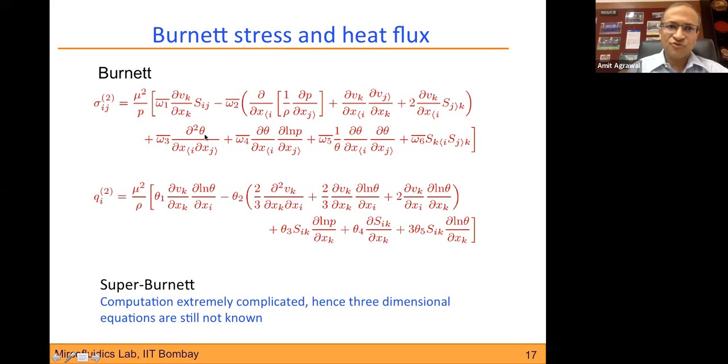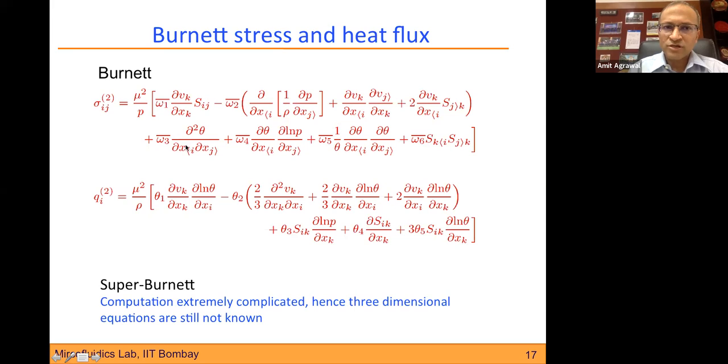First of all, you will see that the stresses now show a dependence on theta, and theta is nothing but temperature. Very interestingly, these stresses are dependent on temperature. This is very non-intuitive. That means that if I generate a temperature gradient, I should be able to generate stresses in the flow, and maybe that will give rise to a flow field itself. That is very strange, but this is what the Burnett stress terms give us.